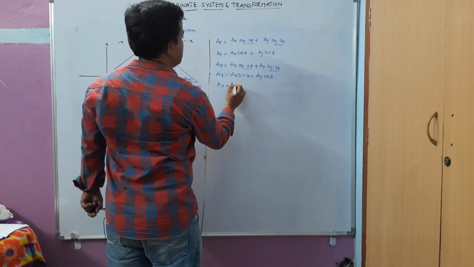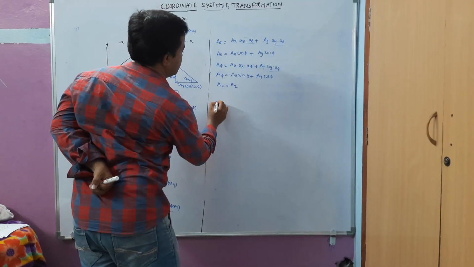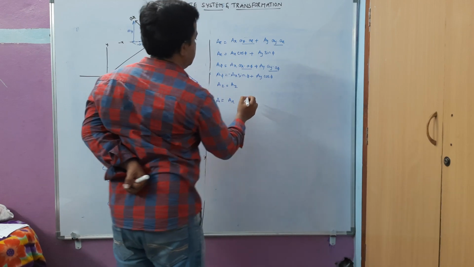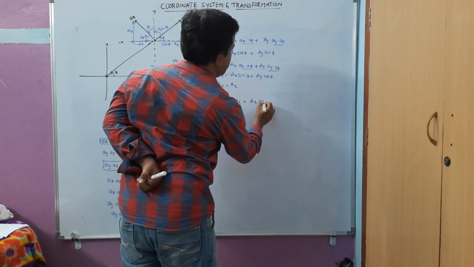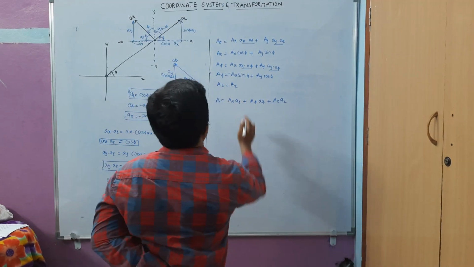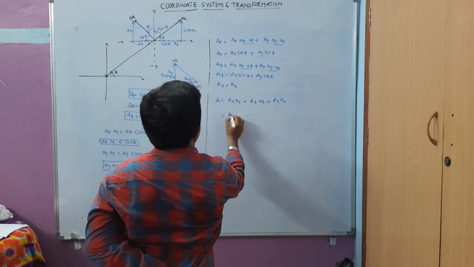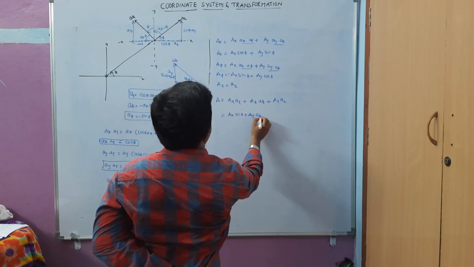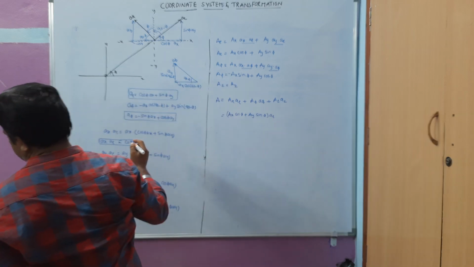Okay, now I can write the entire vector here, that is A is equal to a_rho plus a_phi plus az. Now what is the a_rho we got? A_rho is this one only, that is ax cos phi plus ay sin phi into a_rho, isn't it?